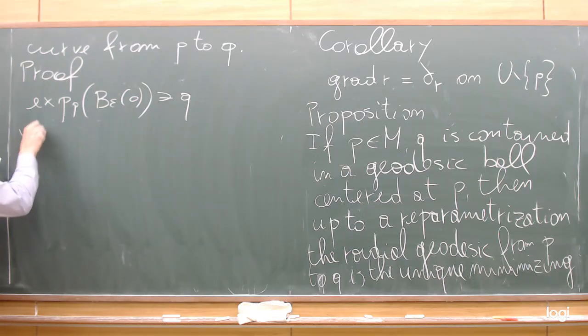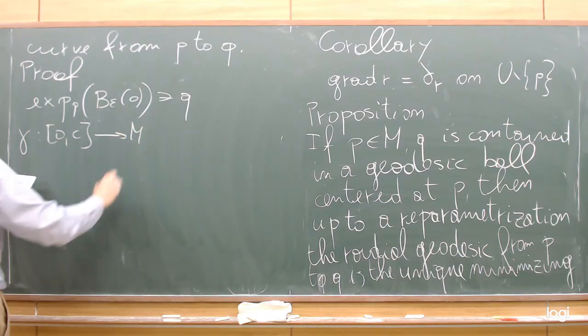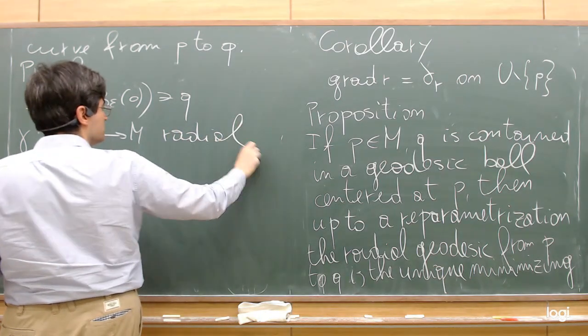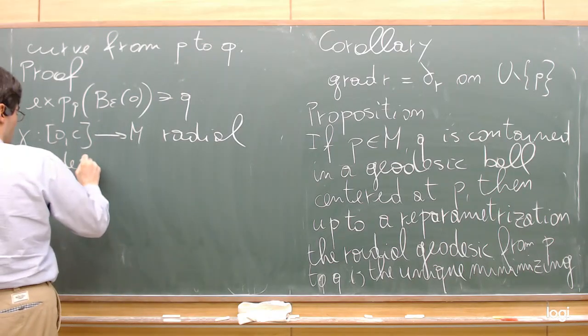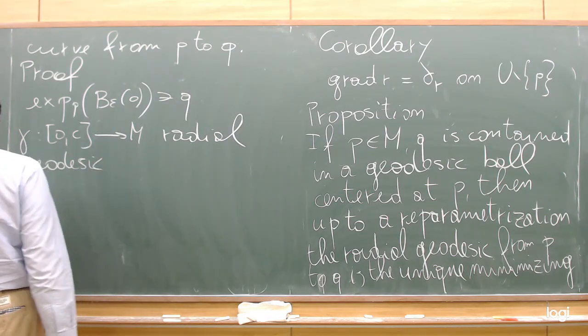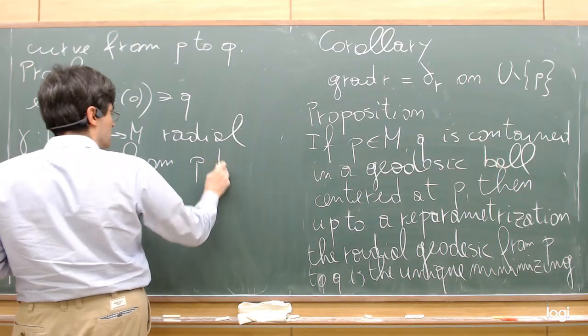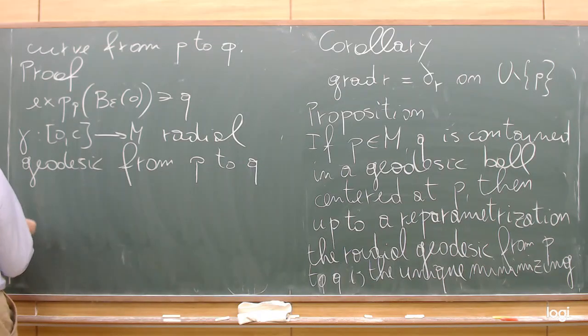Then suppose that this is a radial geodesic from P to Q, parameterized by arc length.